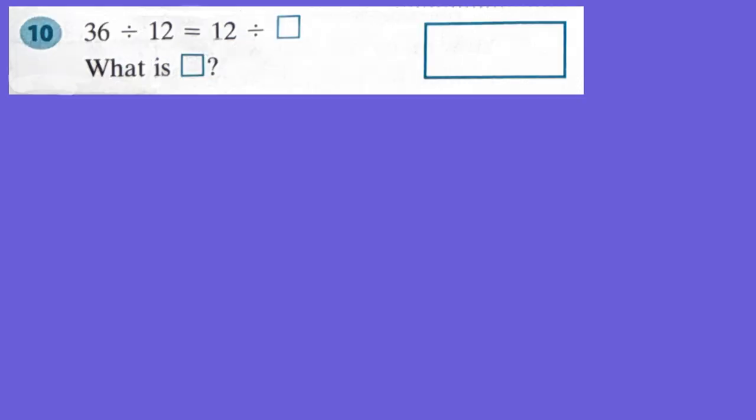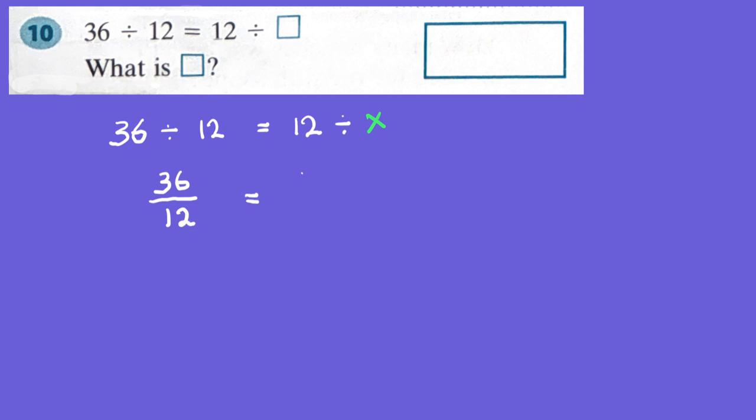36 divided by 12 is equal to 12 divided by something. What is this something? Usually in maths, we give it a letter, such as X, for instance. Let's do that. So instead of the box, I've put down that it's X. Now, I write it in another way because some of you are very comfortable with writing that kind of division.